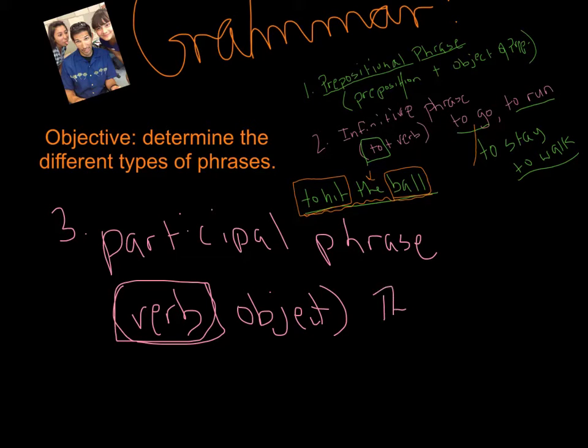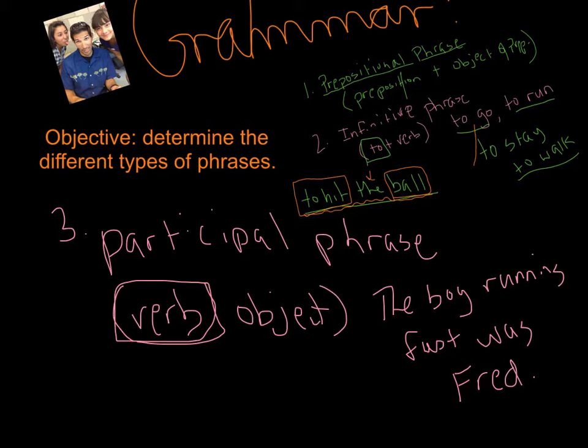The boy running fast was Fred. Now we know that this is the subject. Now this is tricky because a lot of people would want to make this the verb, but it's not. Was is the actual verb.